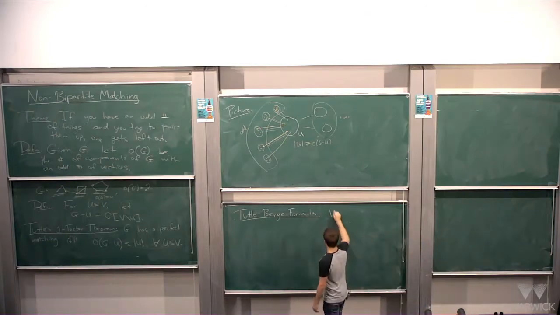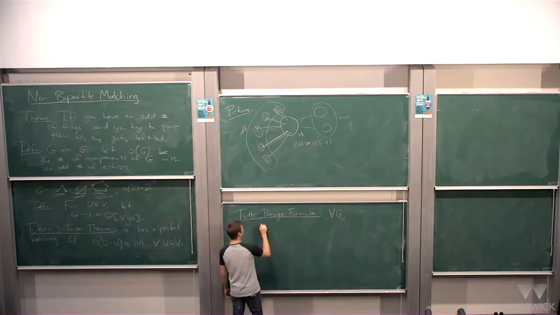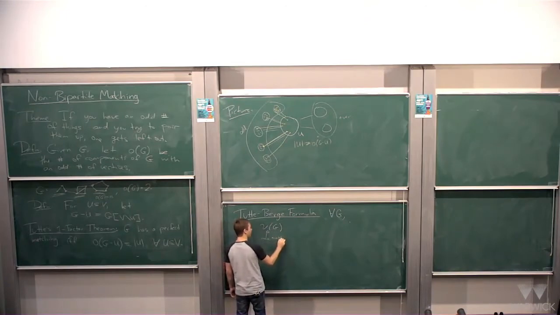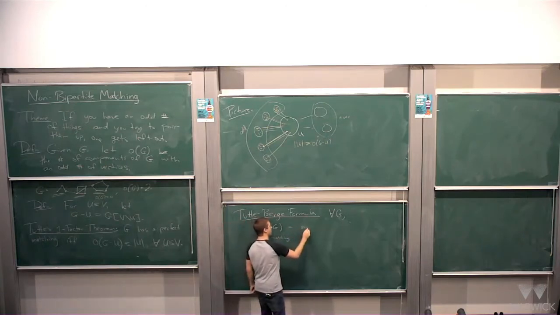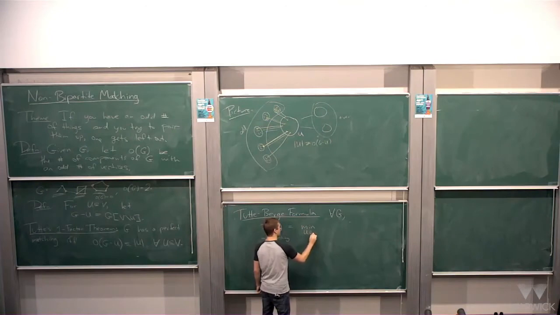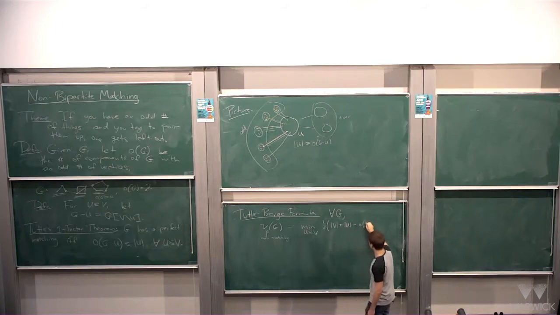So the Tutte-Berge formula says that for all graphs G, nu of G, the max matching size, is equal to the min over all subsets U of V of 1/2 times the size of V plus the size of U minus the number of odd components in G minus U.